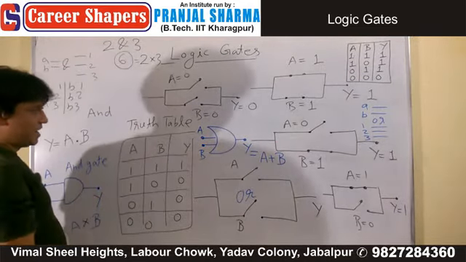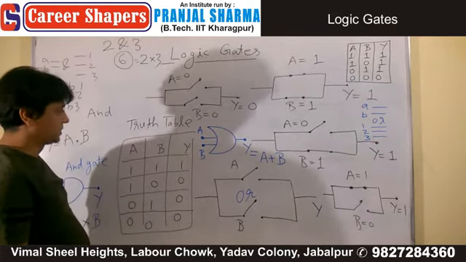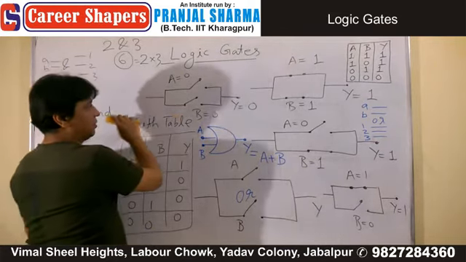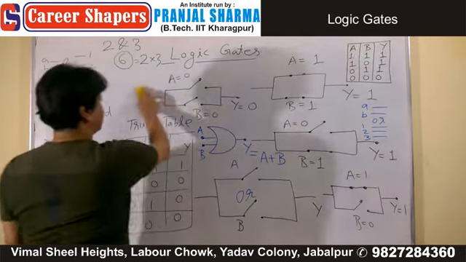the moment you define your truth table in this form, there is a gate which is called NOT gate.